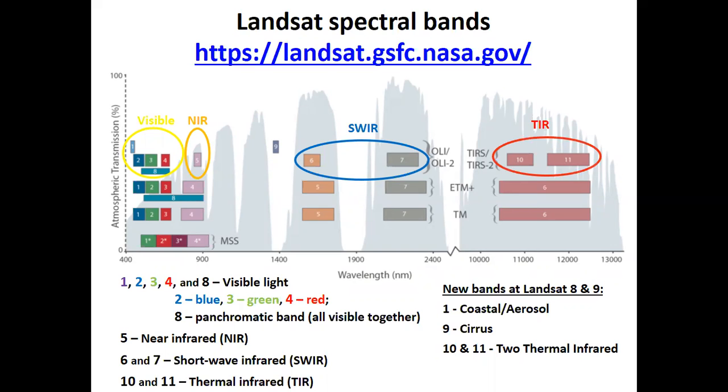And there are also so-called thermal infrared detectors. In Landsat 8 and Landsat 9, there are two separate bands to record different parts of this thermal infrared, sometimes called far infrared. So it is far from visible light.